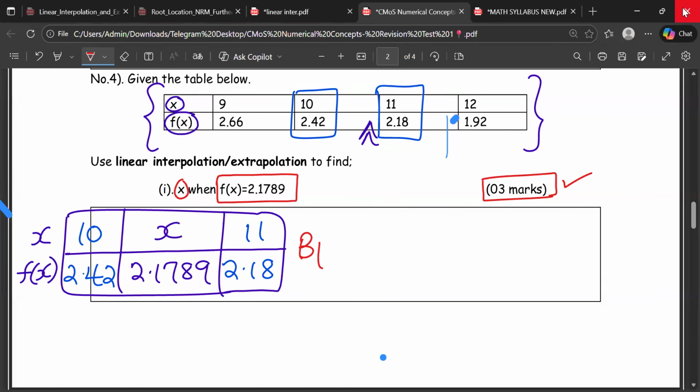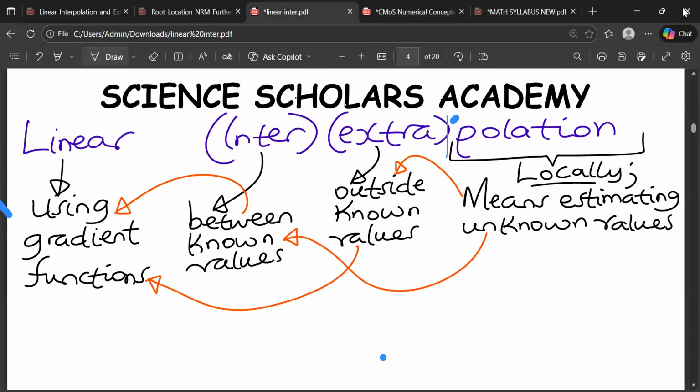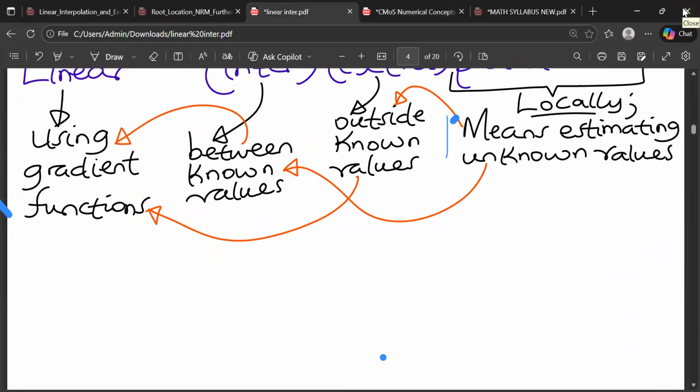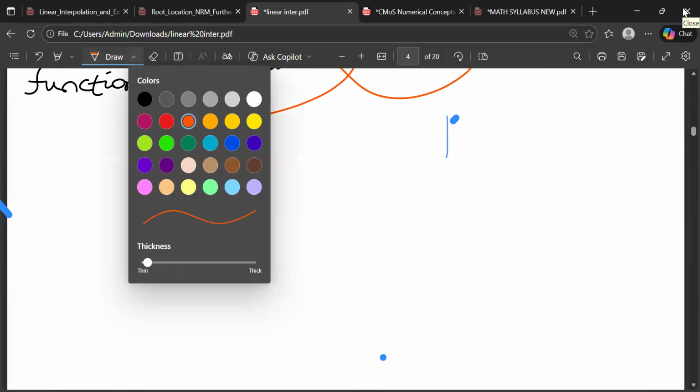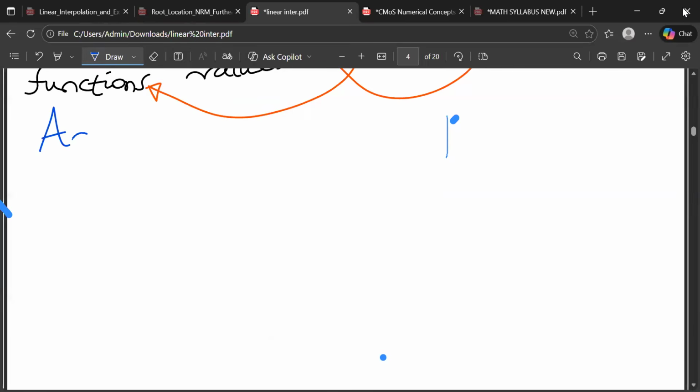Then the next mark is you using the gradient stuff correctly, and I'm going to show you how. To take you back a bit, I will give you some advice, and I want you to listen carefully.